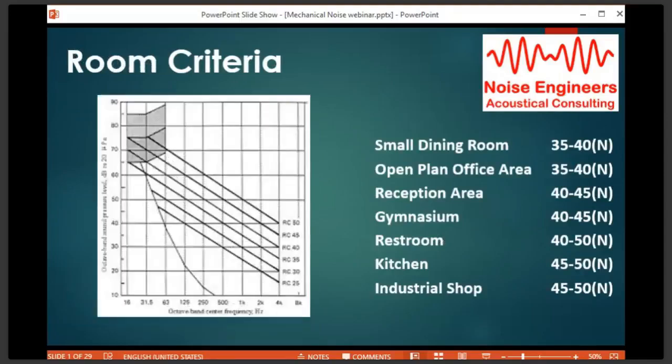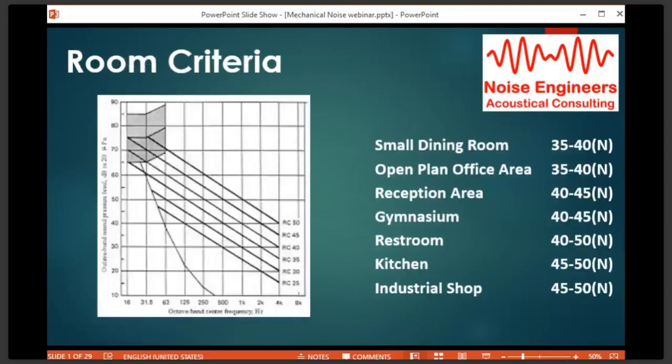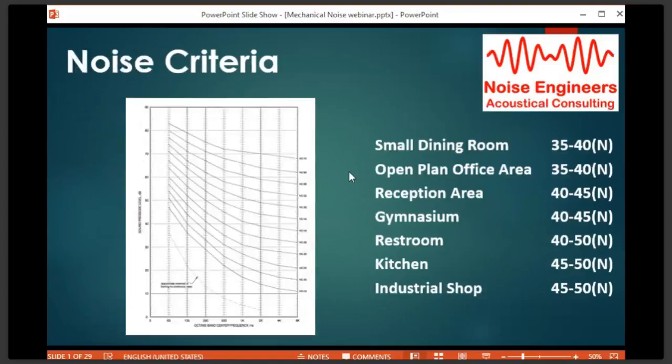Noise criteria, there's two basic tools they use, a noise criteria and a room criteria. Another one is, well, just the A-weighted noise level, but typically for HVAC noise, we're using this noise criteria, room criteria. Noise criteria, just have a series of curves. You look to see where your spectrum, so if you measure the noise in an office or in the area of concern, you plot the octave levels.